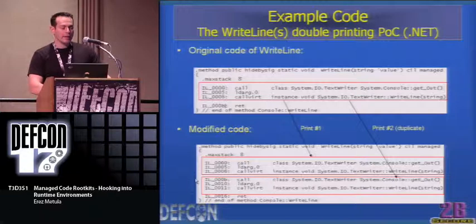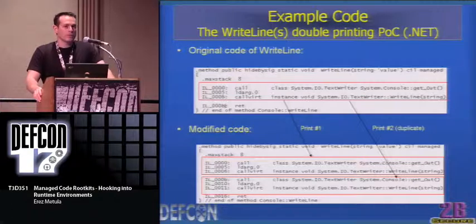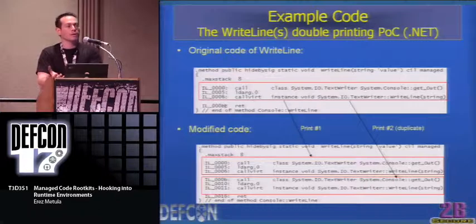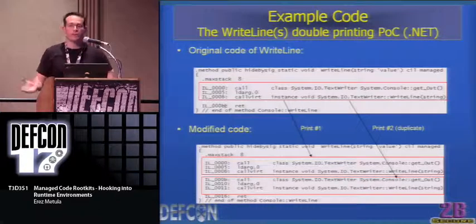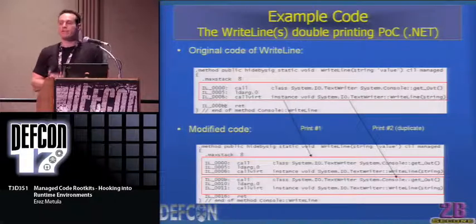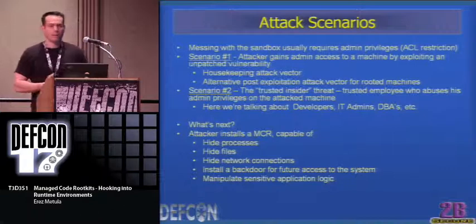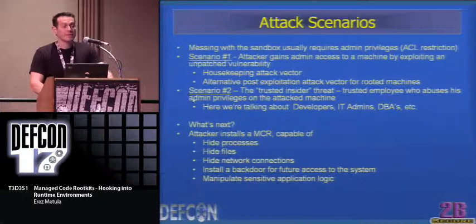But in the second scenario, we're talking about the trusted insider. This is one of the major problems that we're facing today in security: those are the people that already have access to the system. We're talking about IT managers, developers, DBAs. Those guys already have administrator level access. They don't have to steal this access, right? So they can take advantage of it and probably install an MCR.